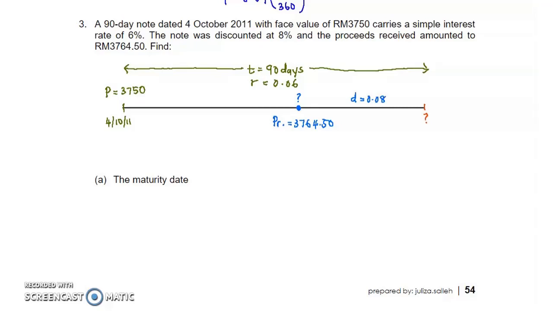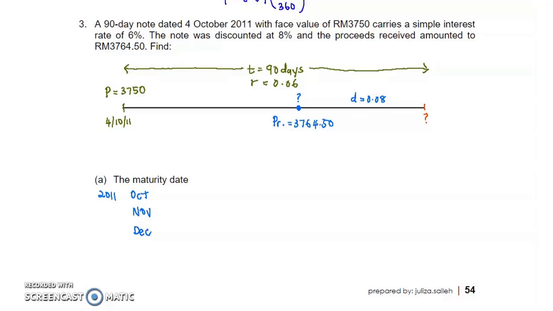Okay, A, find the maturity date. So when is the maturity date? How to find it? We need to calculate the number of days from 4th October until 90 days. So we start with October, November, December. So here is 2011.